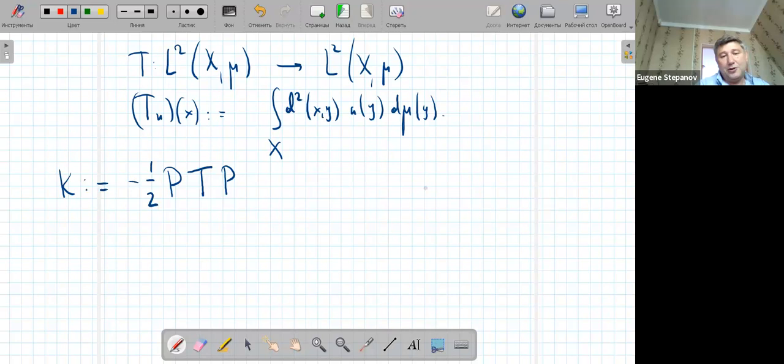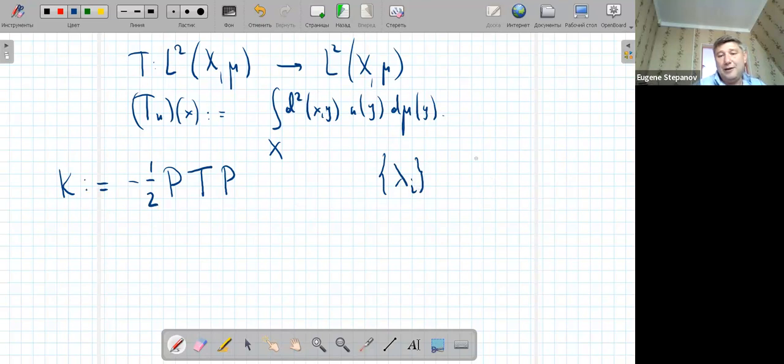With this operator, in most cases, under quite non-restrictive conditions about the space X, for instance when X is just a bounded space, but much less is enough, you have countably many eigenvalues.